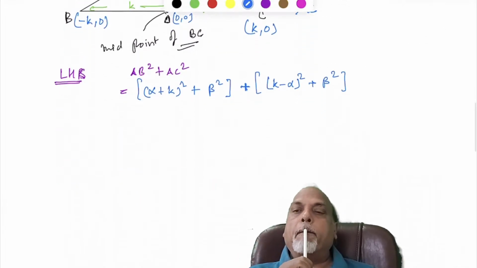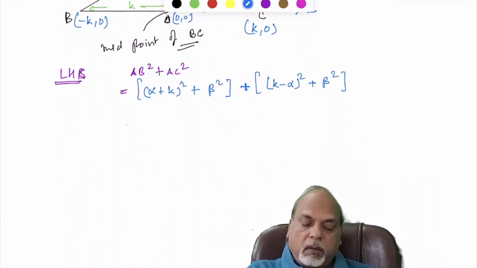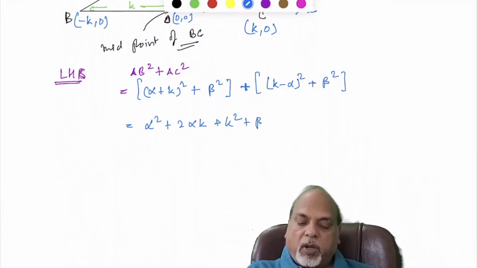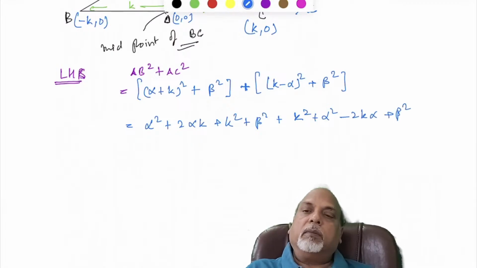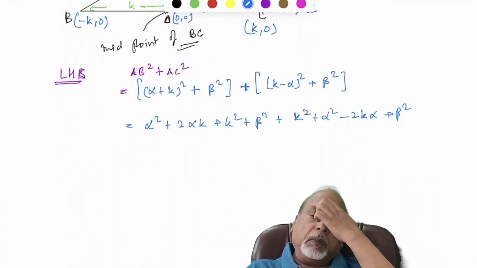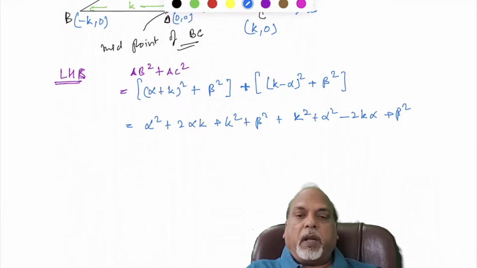Correct? If you expand it, then alpha square plus 2 alpha k plus k square plus beta square plus k square plus alpha square minus 2k alpha plus beta square. Correct?